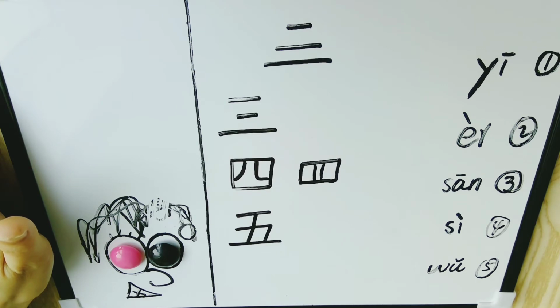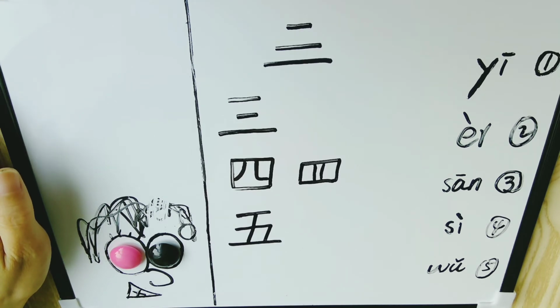Please be patient. As we go along, I'm going to explain a bit more what is the stroke order and what are radicals in the Chinese characters and so on. Yeah, so now let's go through this again. Number 1 is one horizontal line. Yi, yi.